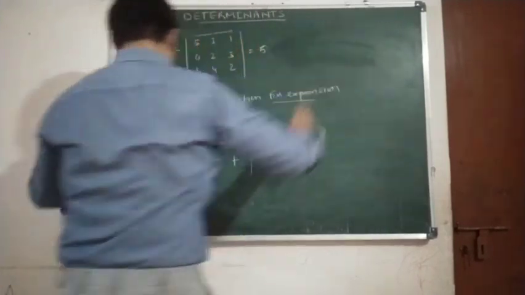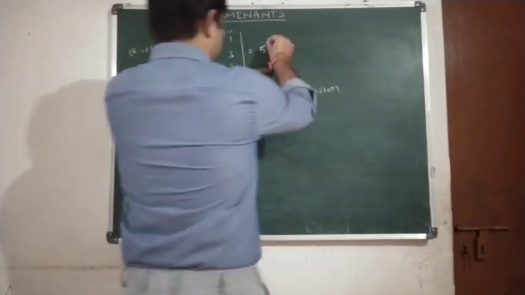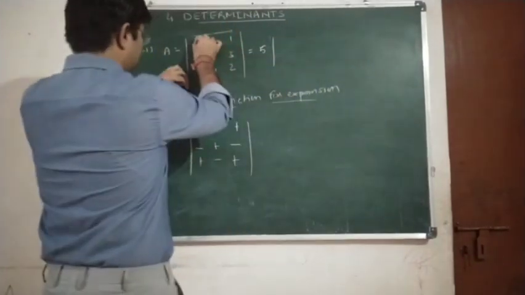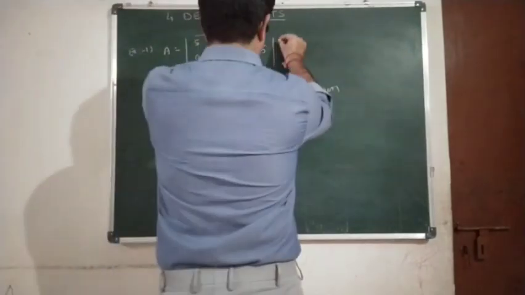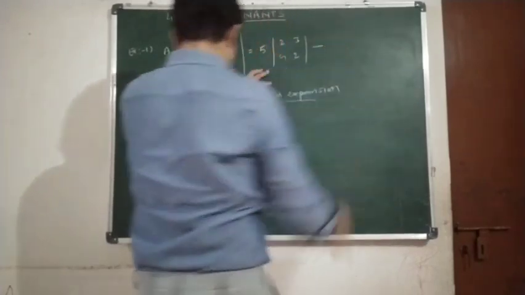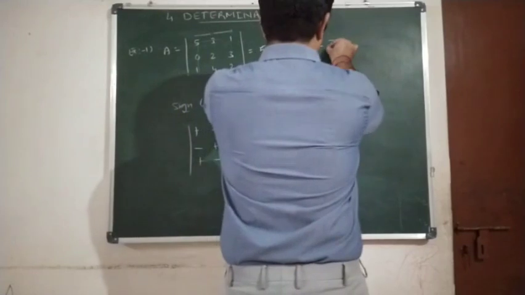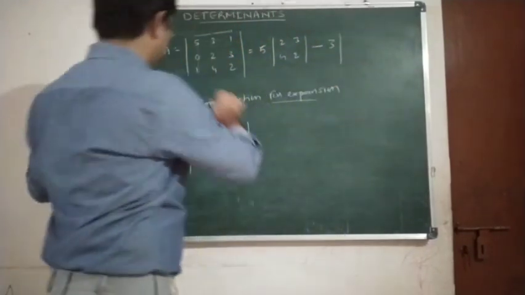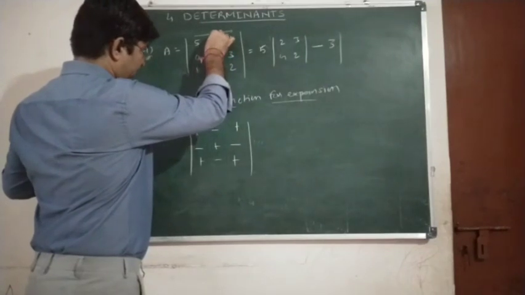Okay, so now since the first term will be plus only, into remove the first row and first column, you will get the determinant 2, 3, 4, 2. Then second we have minus sign, so minus 3 into, now we will remove the row and column including 3.